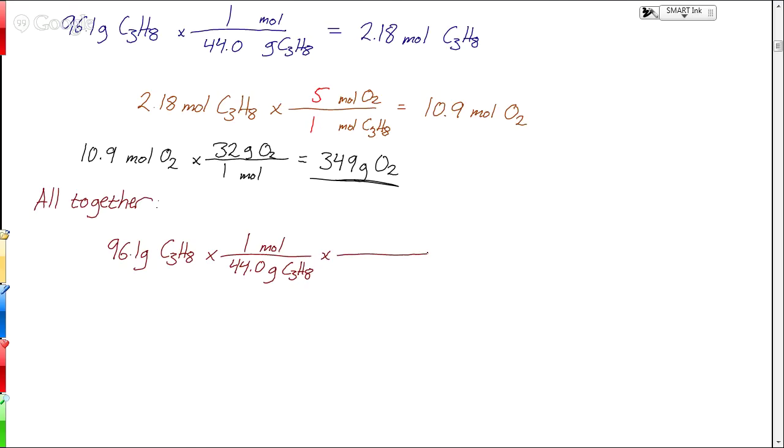Then that's going to give us moles. I'm going to be specific with all my units here so we can see them. And then convert that oxygen back to grams.